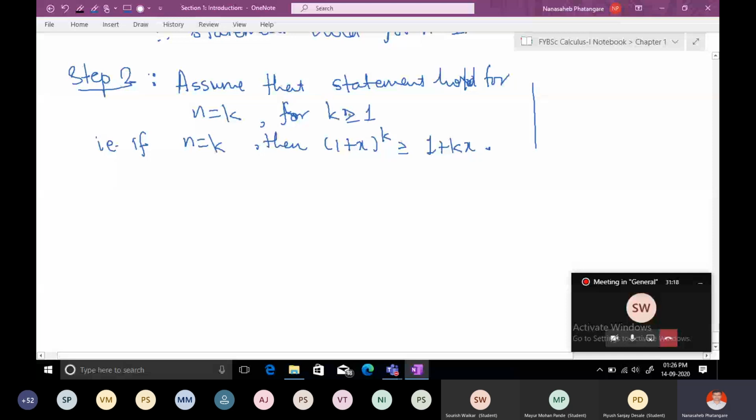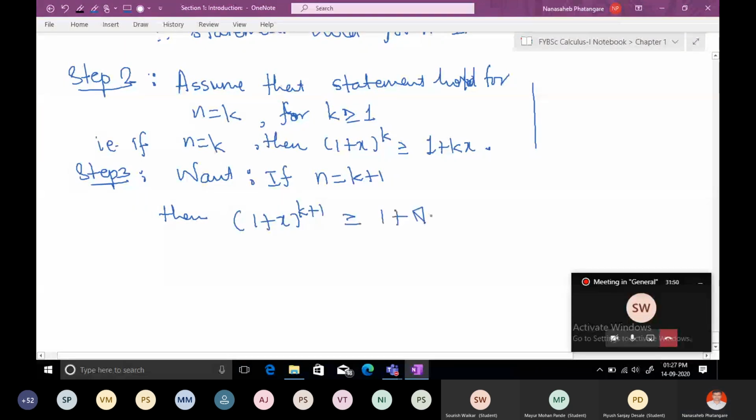So what is our step 3? Inductive step. What we want to prove is, if n is equal to k plus 1, then the statement is true for that n, that is, 1 plus x raised to k plus 1 is greater than or equal to 1 plus k plus 1 times x.